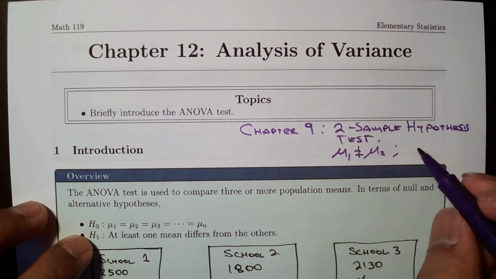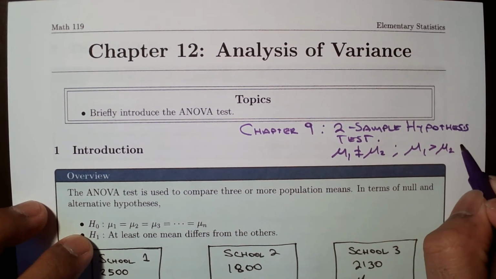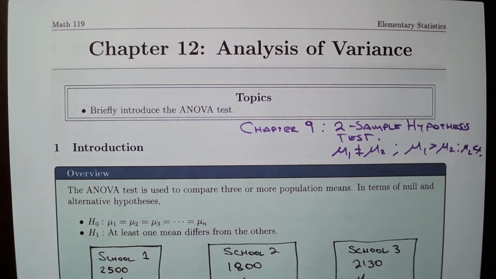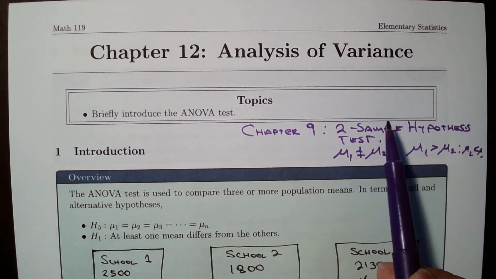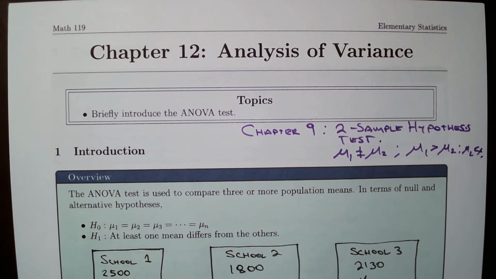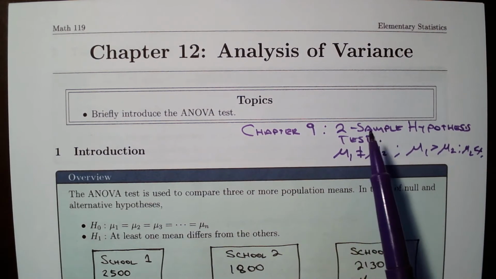We also compare whether mean 1 was bigger than mean 2 or mean 2 less than mean 1, etc. But this test was limited to comparing only two sample distributions.